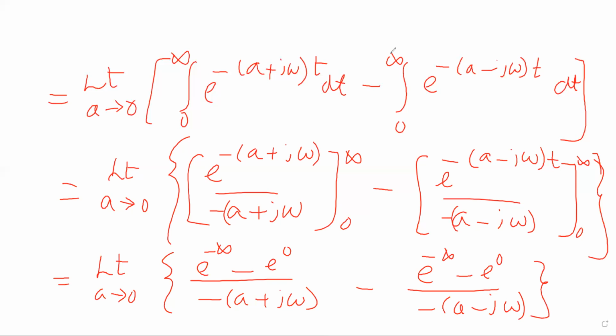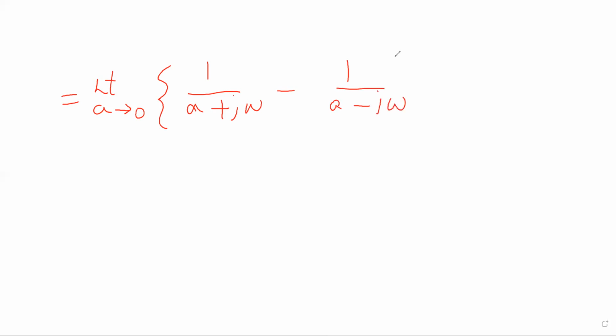Also you know that exponential of minus infinity is 0. The remaining is e to the power 0, which is plus 1, and the minus sign is getting cancelled, and the result is limit a tends to 0 of 1 by a plus j omega minus 1 by a minus j omega.